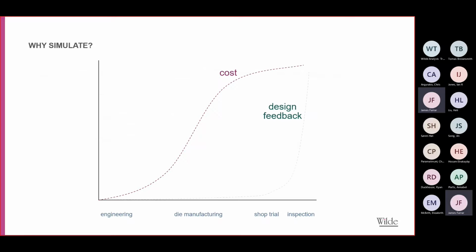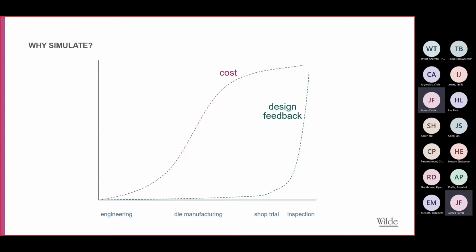So using simulation up front can really help. If we look at a previous way of manufacturing design, you do the engineering up front, maybe you do some die manufacturing, do some shop trials, and then inspect the parts.